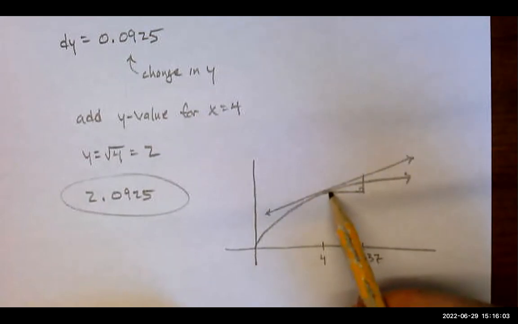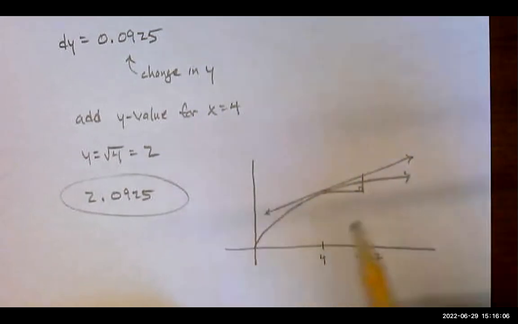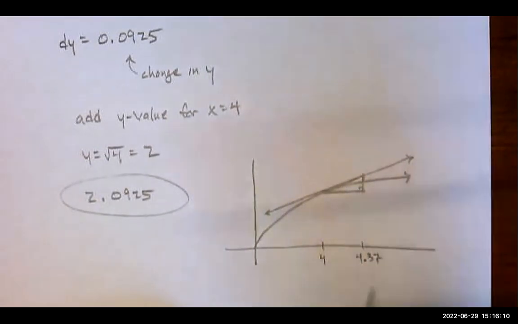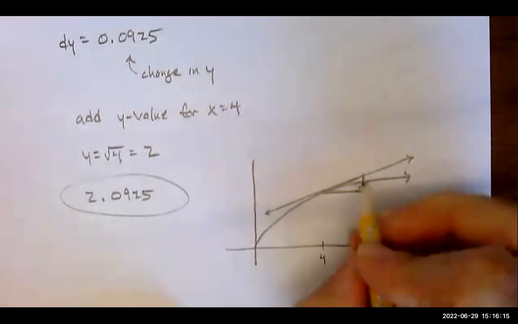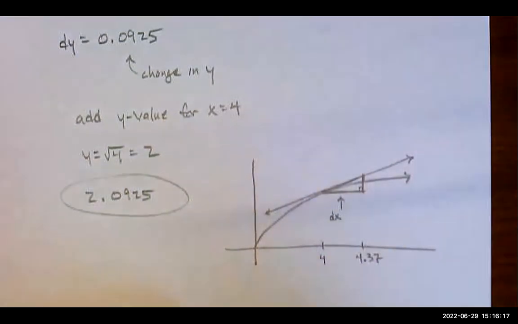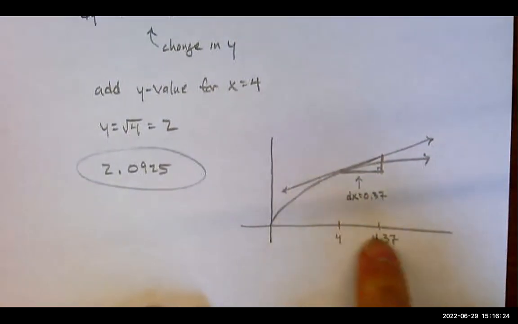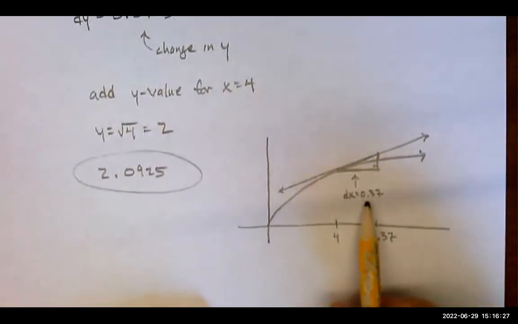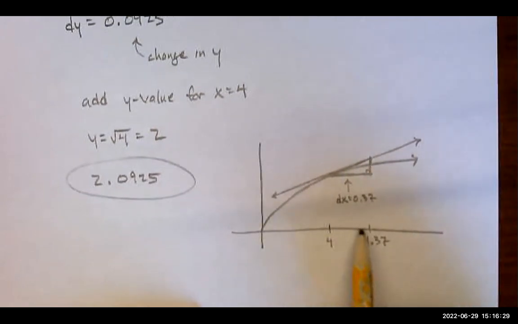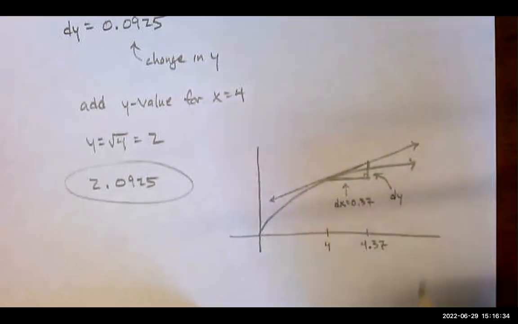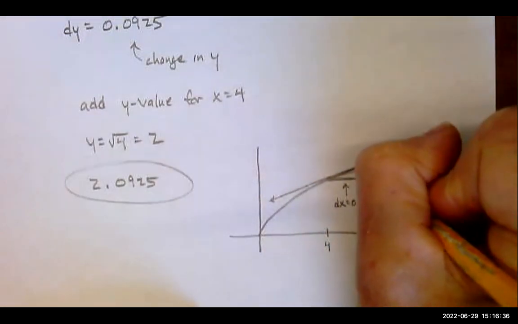Here the curve actually passes underneath instead of above, but that triangle goes up to our tangent line. Remember, we said this was dx. We took dx to be 0.37. That's the distance between our 2 points. That makes sense. dx is how far we moved horizontally. This portion is dy, going all the way up to the tangent line.